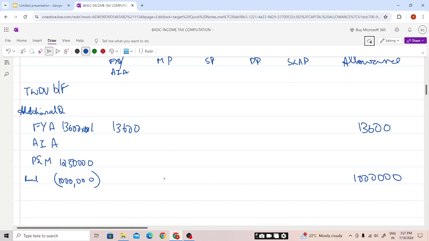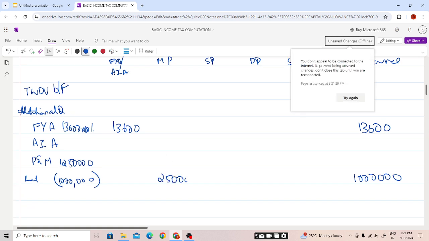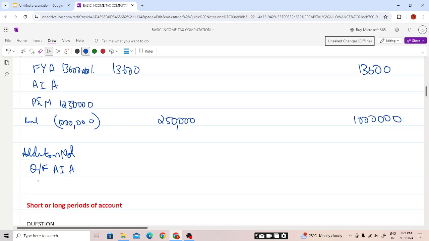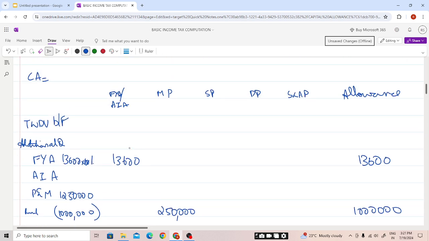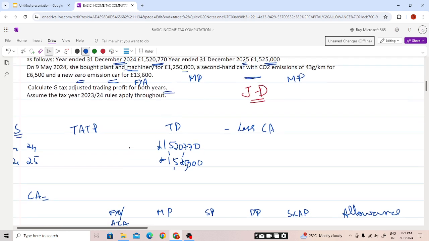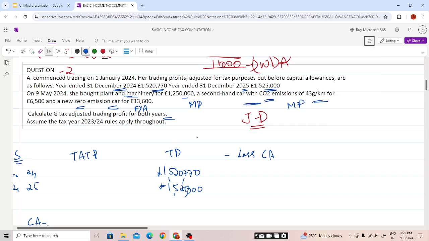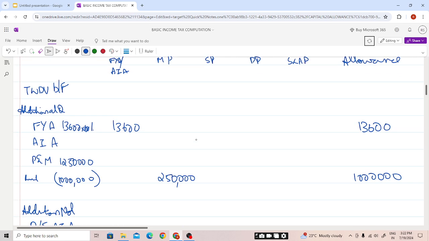So the excess over the limit here is 250,000 pounds. Now additions not qualifying for AIA, that is the car, students. We have seen the car with CO2 emission of 43, it will be in the main pool. So the cost is 6,500.